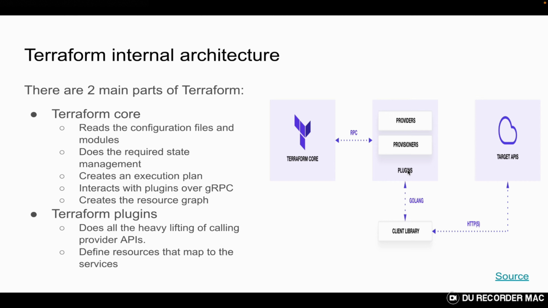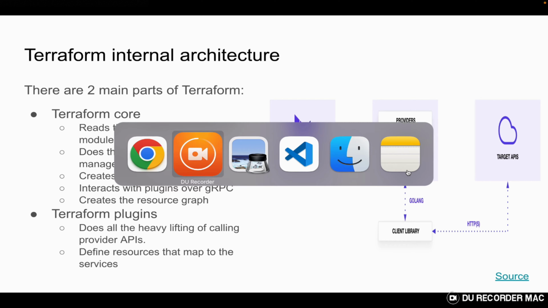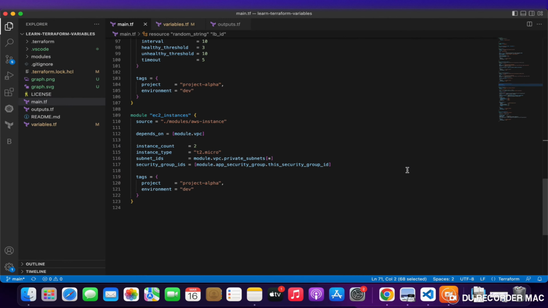Let me show you a simple example of how we define the Terraform configuration and what the folder structure looks like. So this is how the Terraform configuration looks. We have .tf files containing all the configuration.